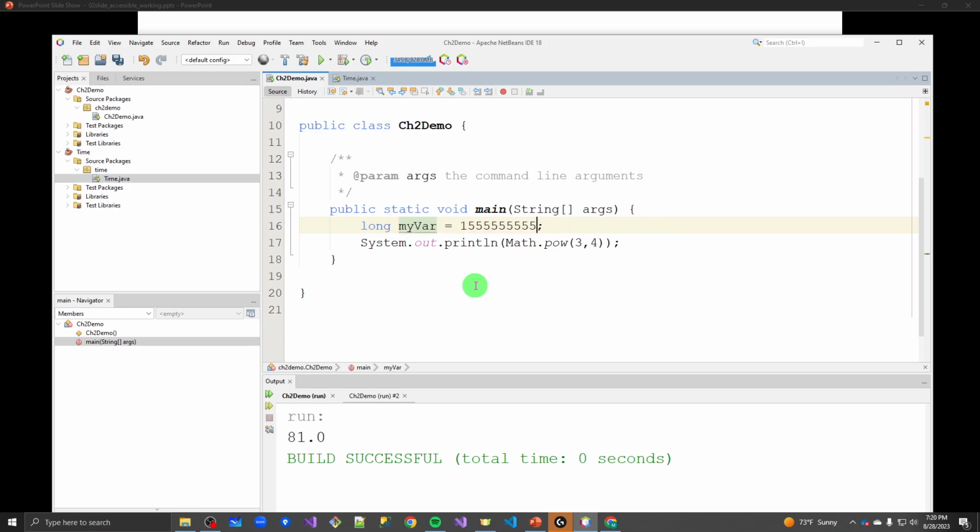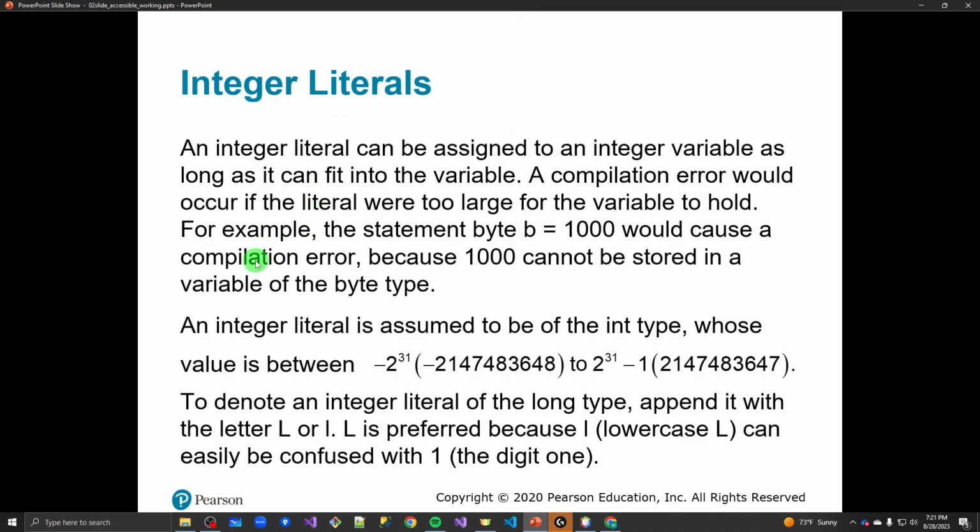I might have gone a little too far. So if I put an L after it, it says, hey, I don't want you to store this as an int. It's going to be a long. So the L means this is a long literal. Okay. So int literals don't have anything after them. If we put an L, that means it's a long.